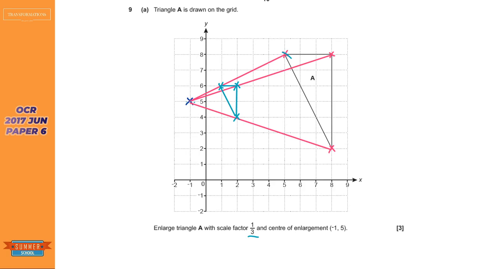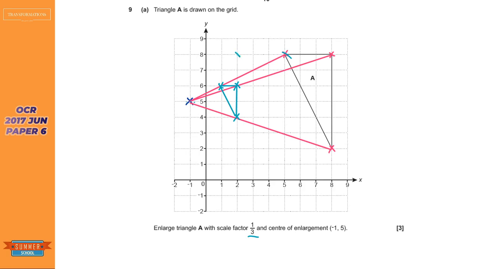Now what you could do is get a ruler out and measure the number of centimetres between each of the points, and then divide it by 3. That would be fine. Just make sure, if it's slightly off a square, almost always these questions will be on the square. So what I mean is kind of like that, rather than like that.